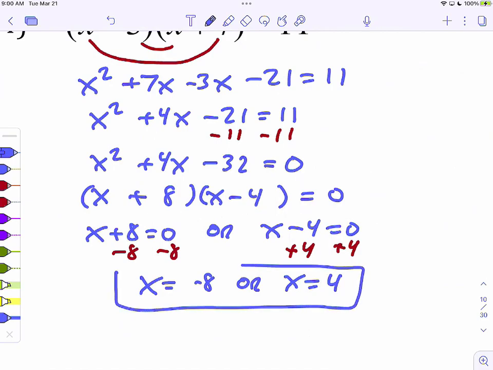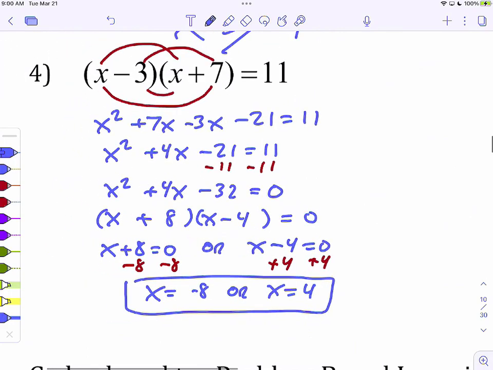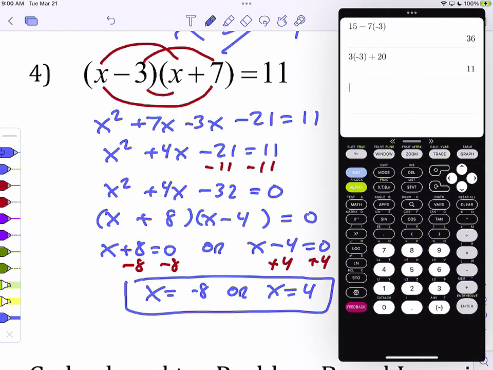And if you go to check them in the original, I can actually do some of this in my head. If I plug -8 in, watch what happens. -8 minus 3 is -11. And then -8 plus 7 is -1. And of course, those multiply to 11. If I check 4, it's 4 minus 3, which is 1.